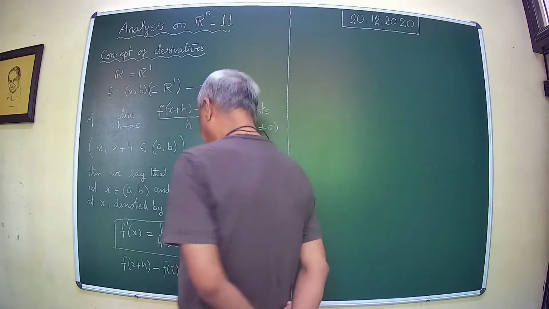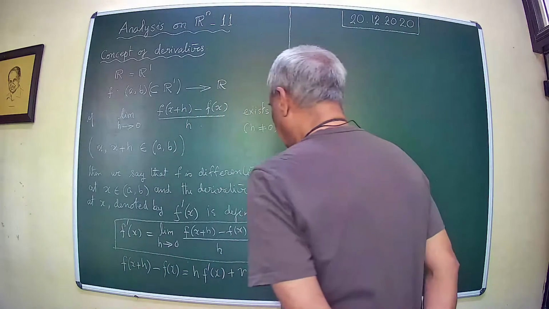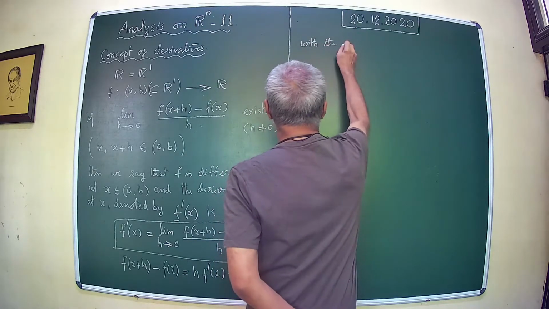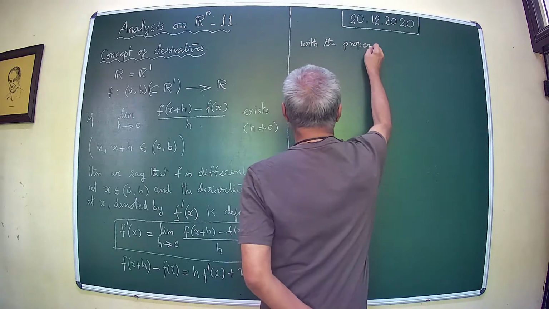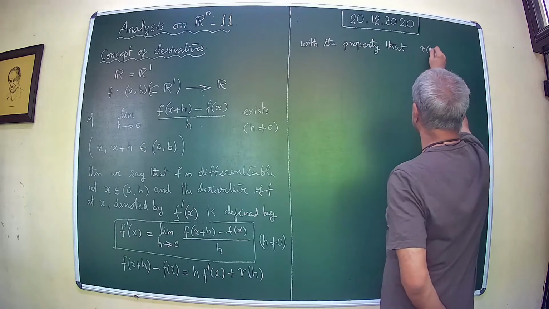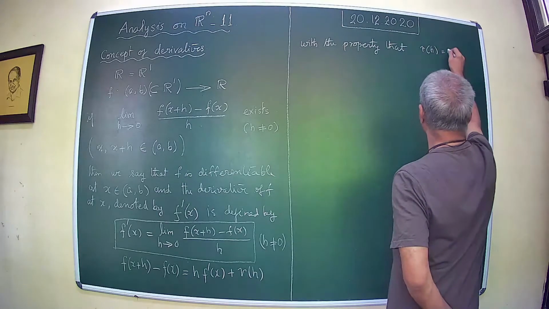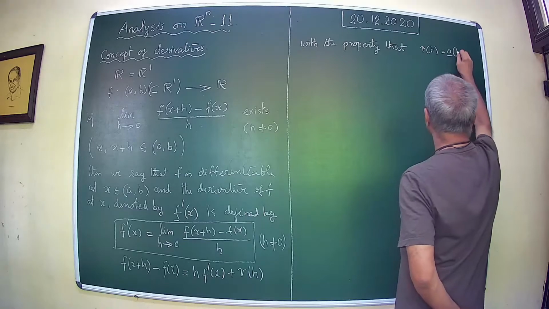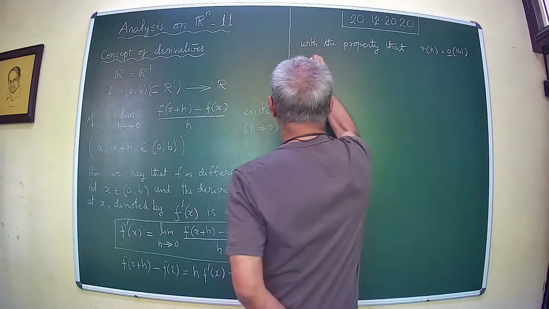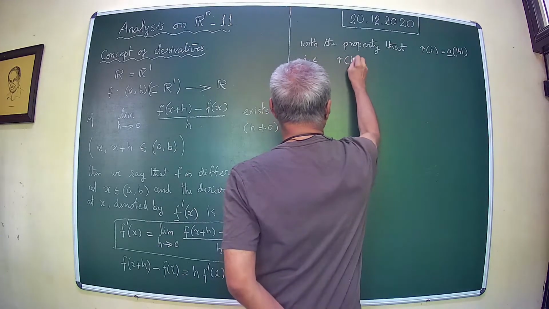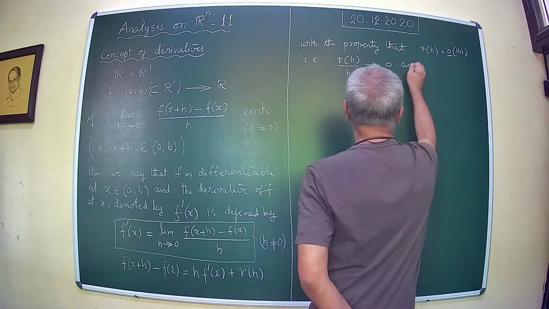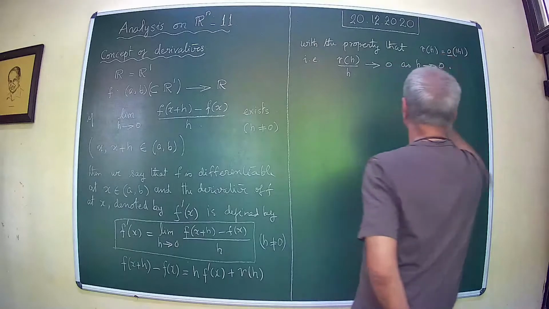It is some function of h with the property that it is of small order, that is, R(h)/h tends to zero.